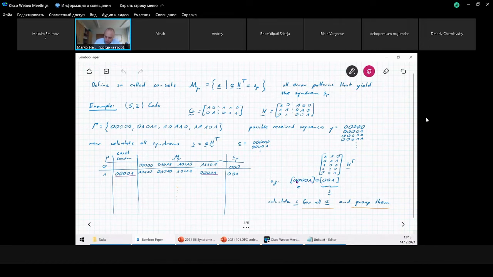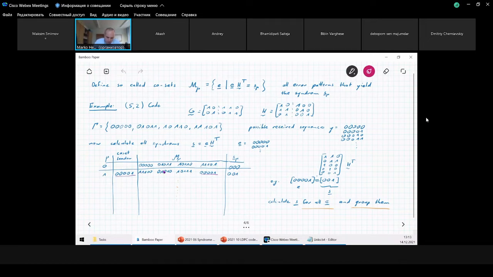We started here with 1. For example, if we have an error pattern 1 at the last position, multiplying it with H transpose, we get the syndrome 001. This means the error pattern 00001 is a member of the coset, a member of the set of error patterns which will result in the syndrome 001.